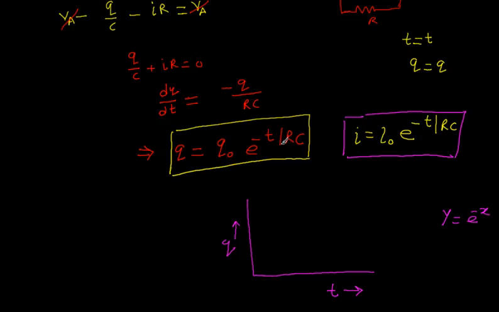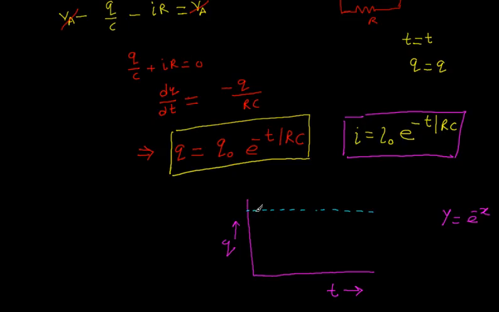Here you have some constant, which means this q will never get beyond q naught. That is the maximum limit for q to achieve.